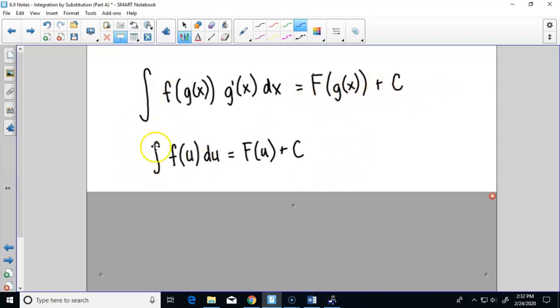Or another notation that you might use here, rather than doing f of g of x, instead of using an x, we might use a u right here to show that that is some function. It's not just an x. So f of u du would equal capital F of u plus c. I'm going to let you write that down, and then we'll do a problem so you kind of know what it's talking about there.